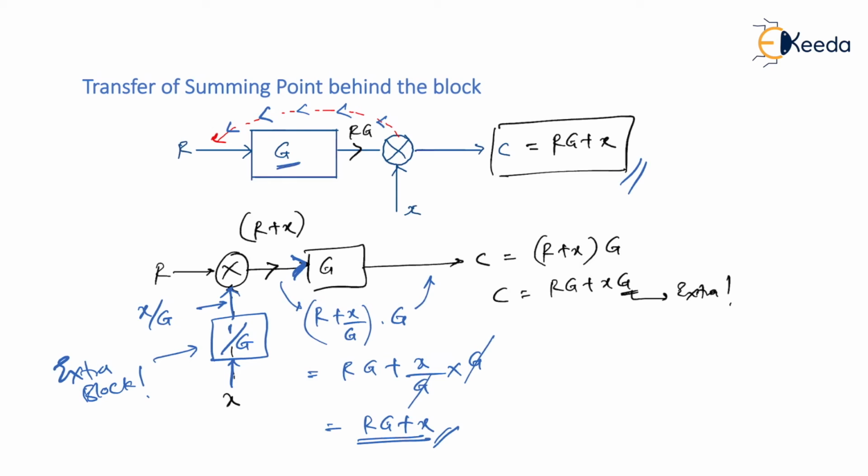So since you are trying to shift behind g, you have to add 1 upon g. If you are trying to shift behind g5, then you have to add 1 upon g5 as extra block. If you are trying to shift behind g1 g2, then you have to add 1 upon g1 g2, and so on. So you have to add inverse of the block behind which you are trying to shift.